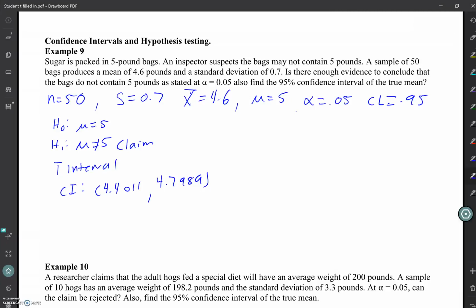So I built the interval they asked for, and I have my hypothesis. How can I make a decision about my hypothesis based on this interval? What is the interval supposed to contain? The true mean. What are we saying our true mean is right now? 5. Is 5 in my interval?